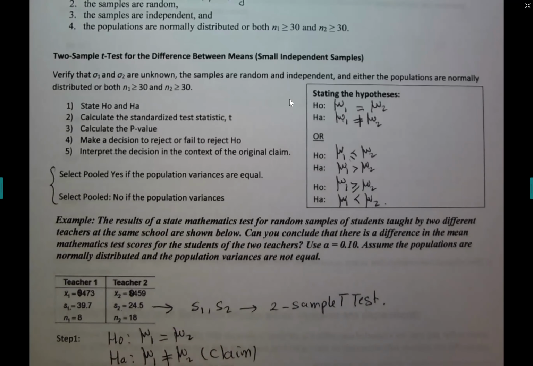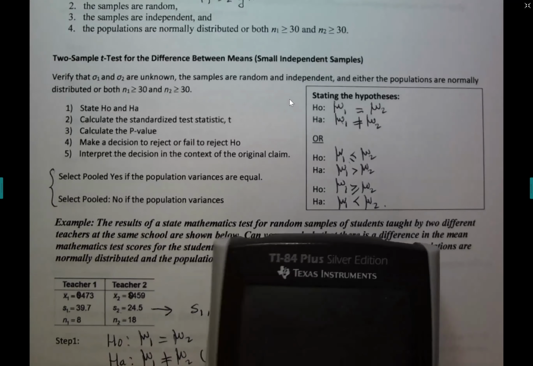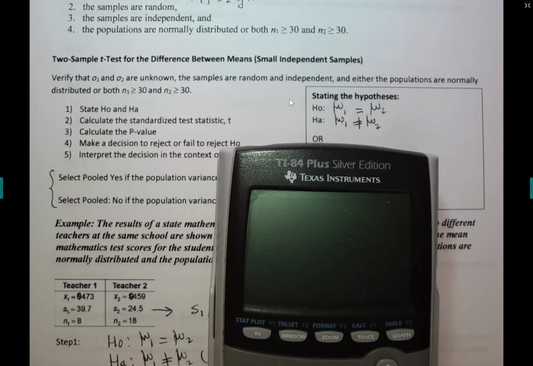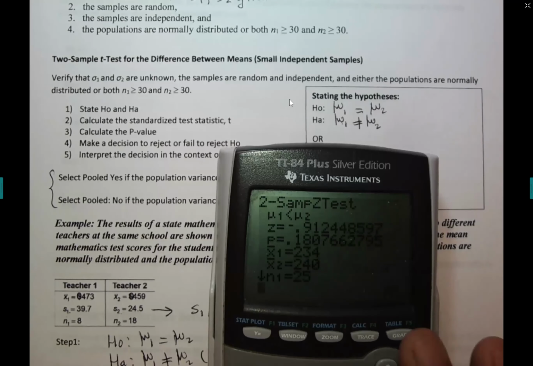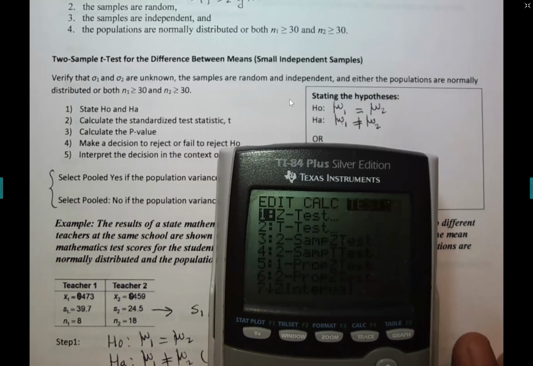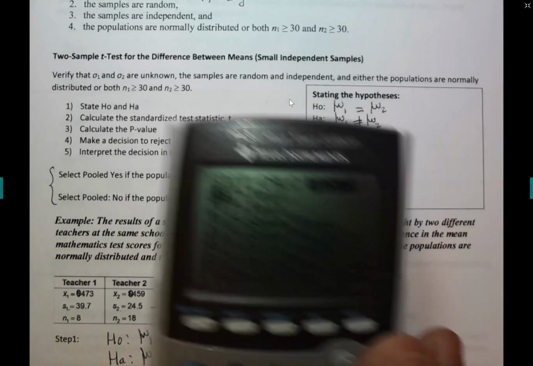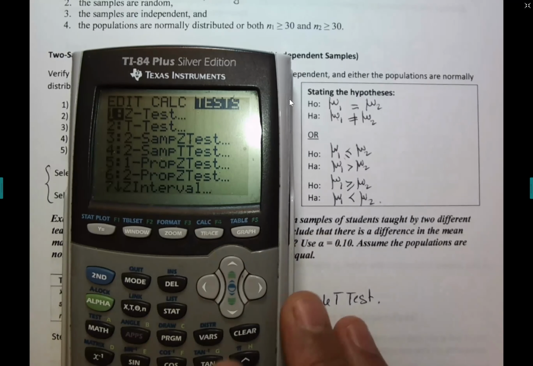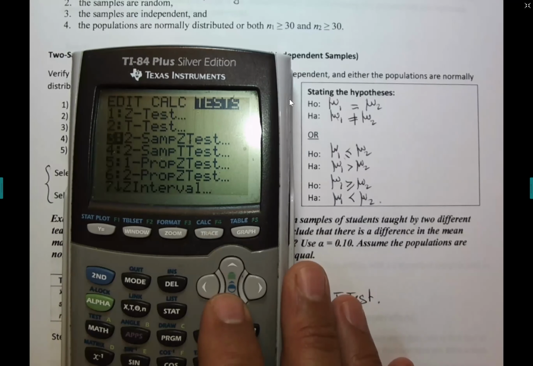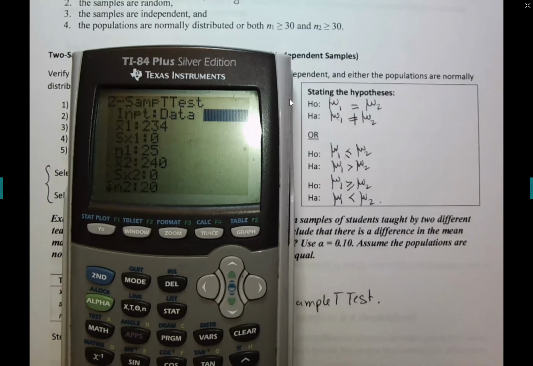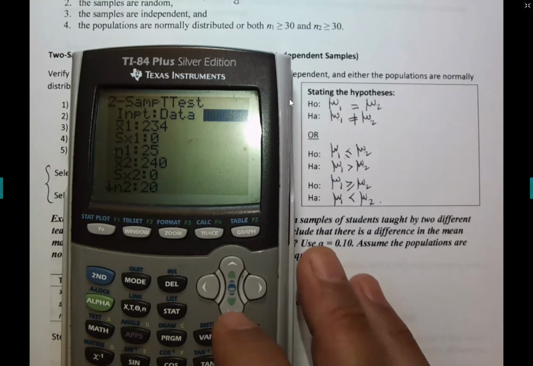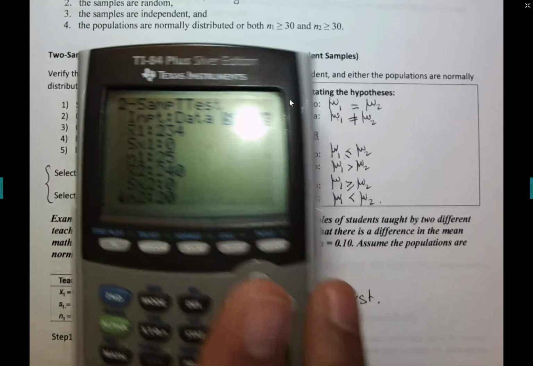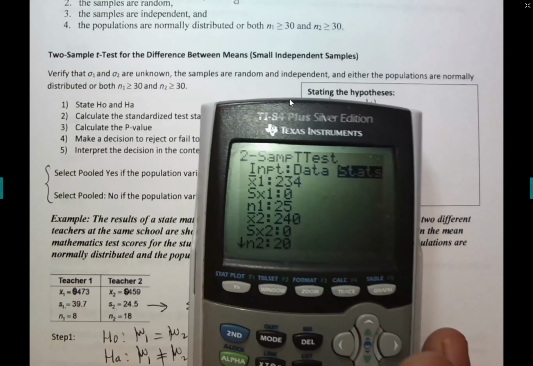Let me go and process this. Stat. Two-sample t-test is number 4. X1 bar, he wants X1 bar, which is 473.